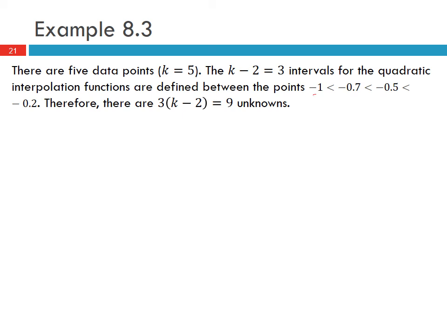So we keep the given data points at the ends, and then we recalculate the interior endpoints of our intervals. So this means there are 3 times k minus 2, which is 9 unknowns.